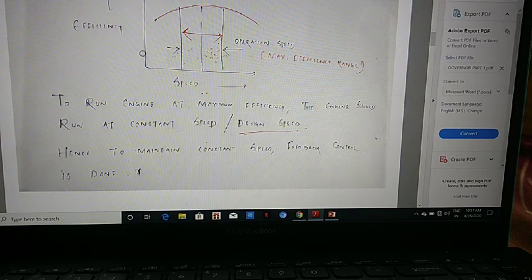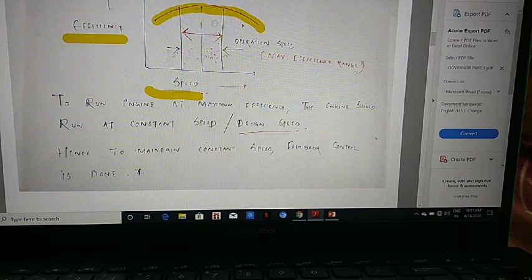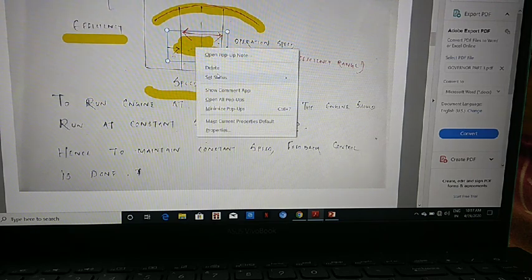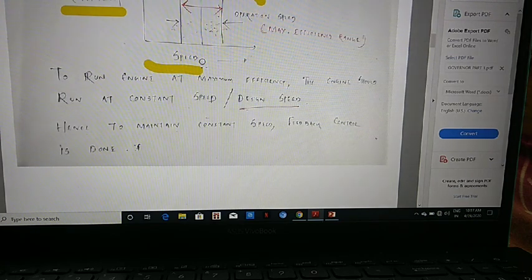How it will affect the efficiency, now we will see. That is the graph, the operating characteristic curve between the efficiency and the speed. It is the maximum efficiency curve, and when the engine operates in this range, the engine has the maximum efficiency.